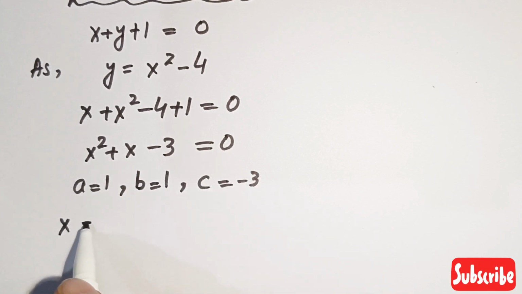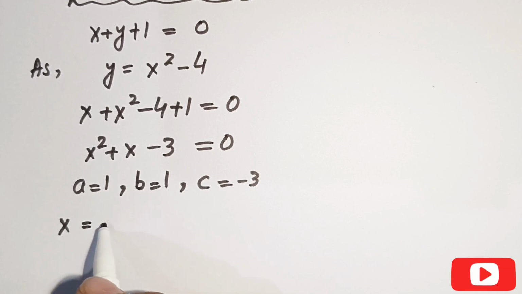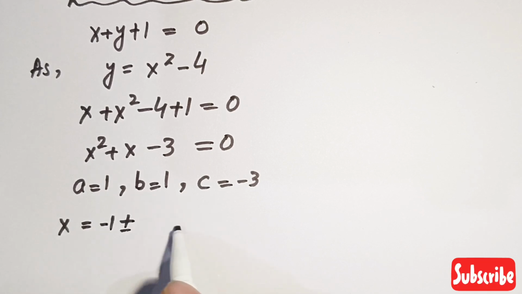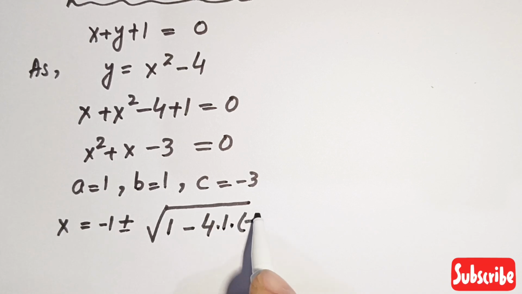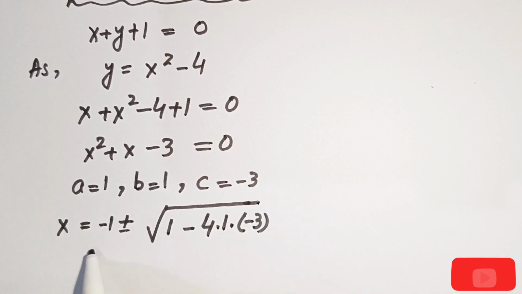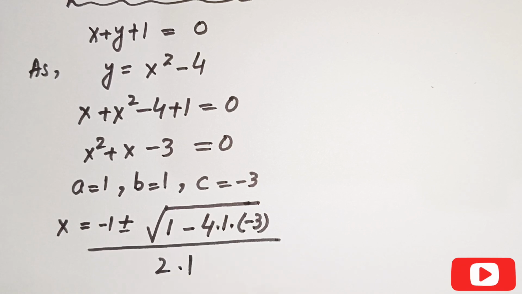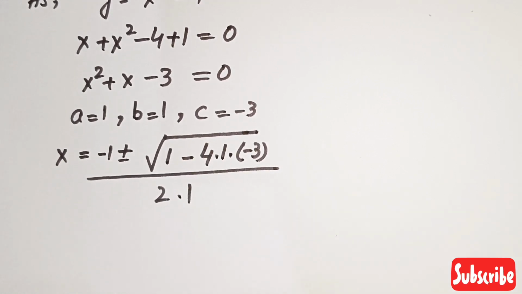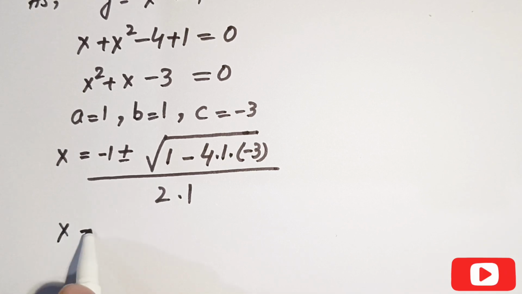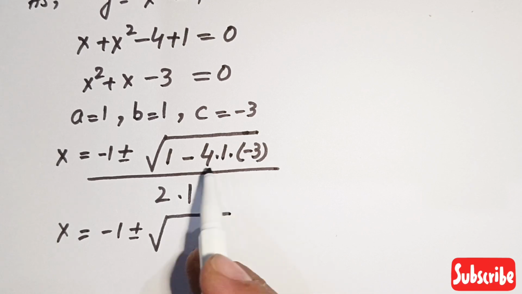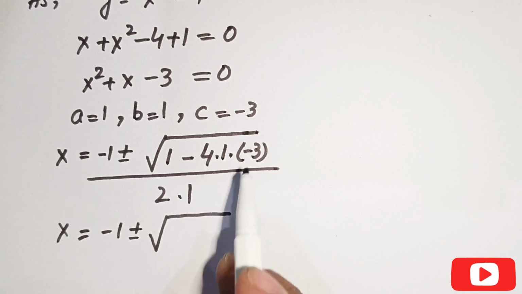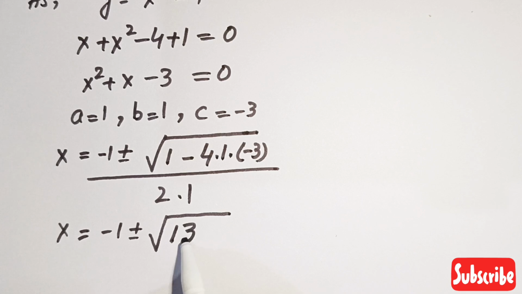So x = (−1 ± √(1 − 4·1·(−3))) / (2·1). Here minus times minus is plus, 4 times 3 is 12, so 1 + 12 is 13, all over 2.